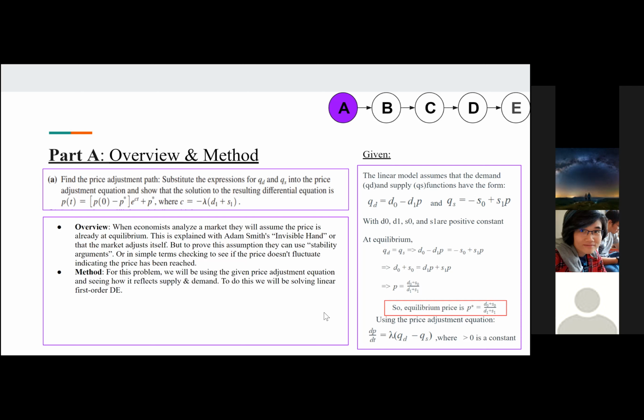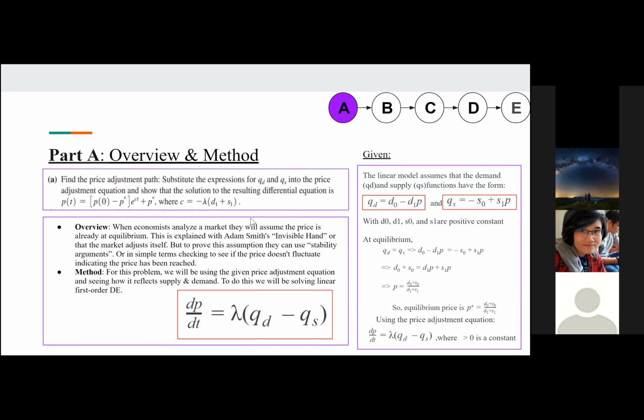Now, in the next step, we will substitute the demand and supply equation into the price adjustment equation. We have the demand equation is this, and the supply equation is this.